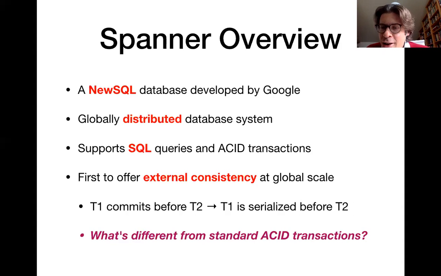Well, not necessarily. So that is actually, I will resolve that in a second, but I already wanted to ask this as a question precisely. What is the difference between this external consistency guarantee and the traditional ACID guarantees?